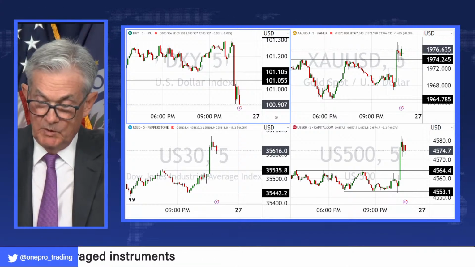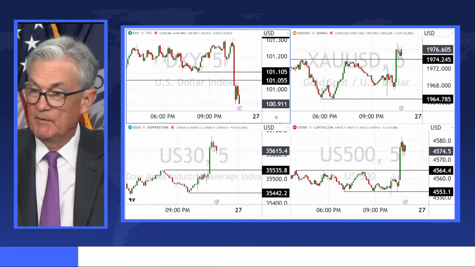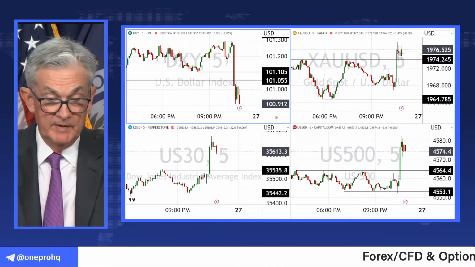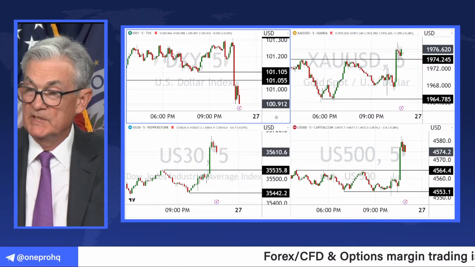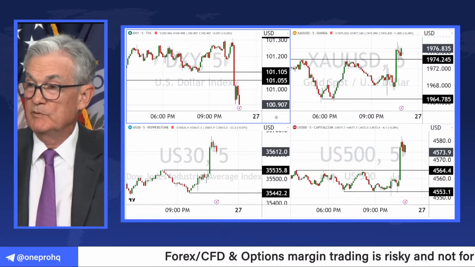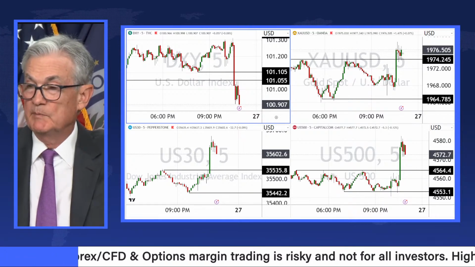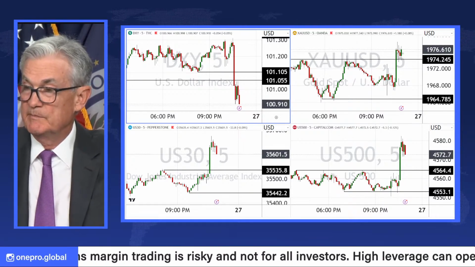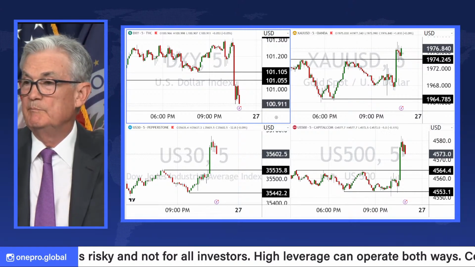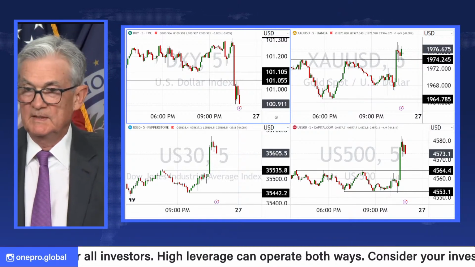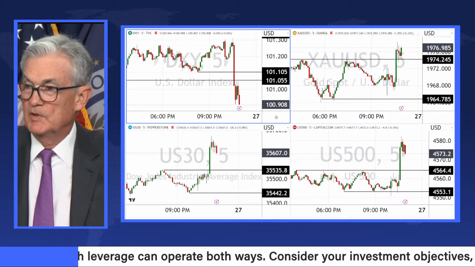I would say monetary policy is working about as we expect, and we think it'll play an important role going forward, in particular in non-housing services, where we think the labor market will come in as a very important factor. So we think both of those sources of disinflation are playing an important role.